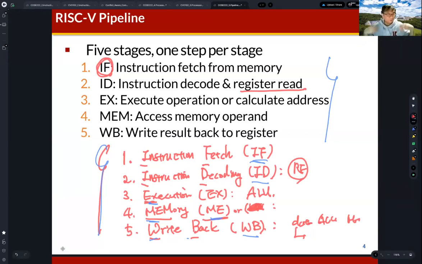So when pipelining is applied to the RISC-V processor, we can divide the pipelining stages into these 5 stages: instruction fetch, instruction decoding, execution, memory, and write back. Okay, so this is very important. Please memorize that 5 steps are required for executing an instruction.